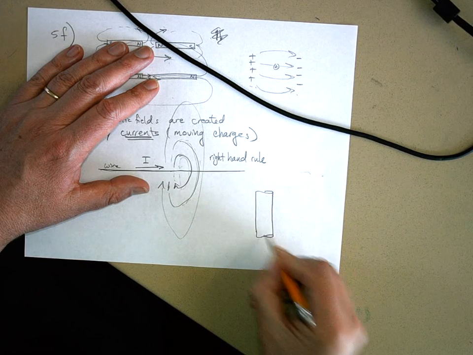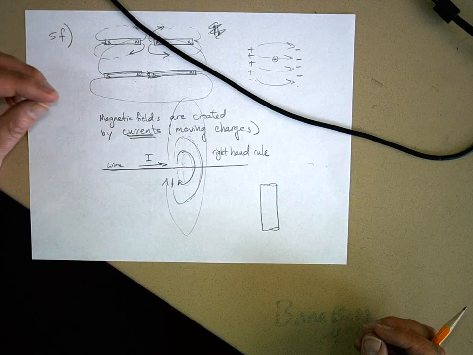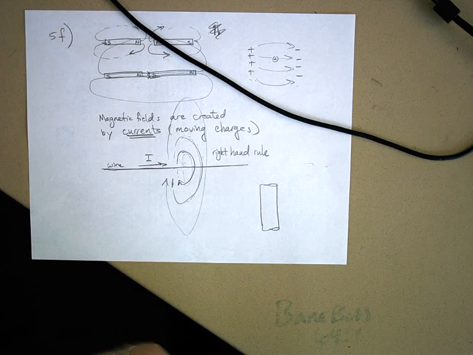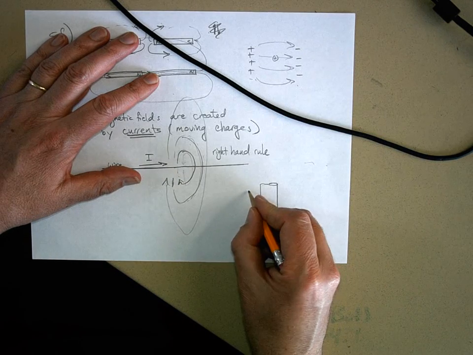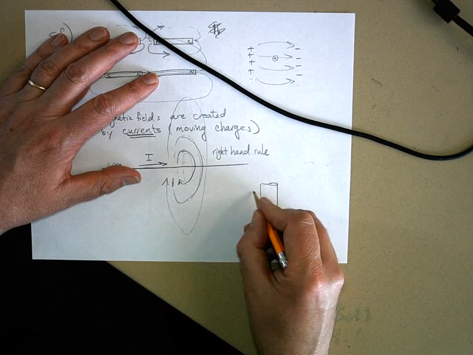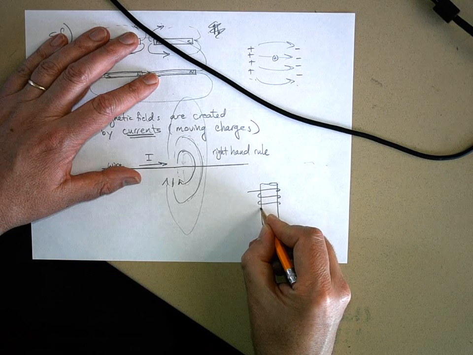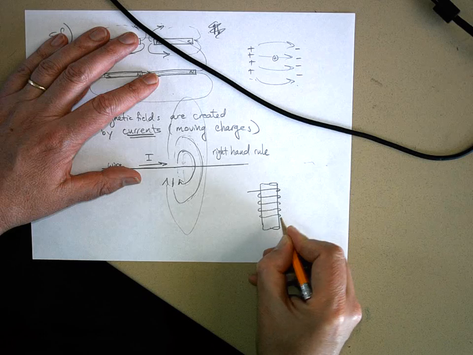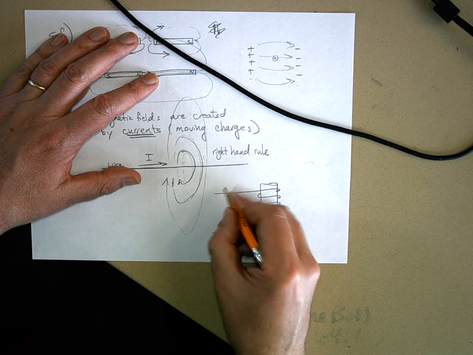Now take a wire, and it's got to be a wire that's not bare copper. It's got to be coated with plastic, or it's got to have insulation around it. And you take it, and watch this. This is really fun to draw. You wrap it around, and you send a current through this coil.